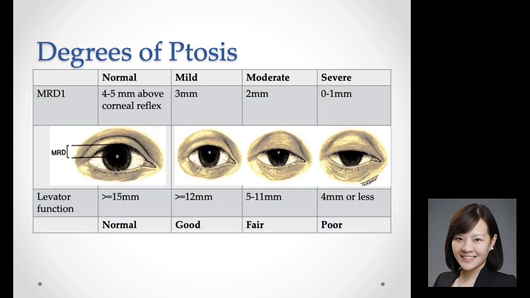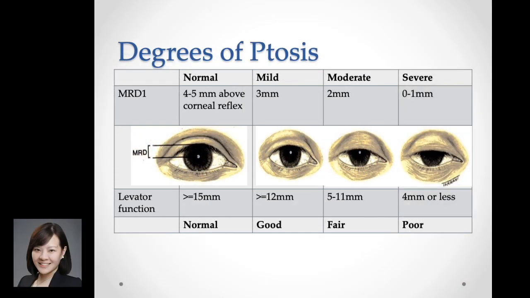So I made this table for you to easily compare the different degrees of ptosis. This does not mean that an MRD1 that almost completely covers the corneal reflex cannot have good function. On the contrary, acquired aponeurotic ptosis can have severe MRDs, but will show you a good levator function.